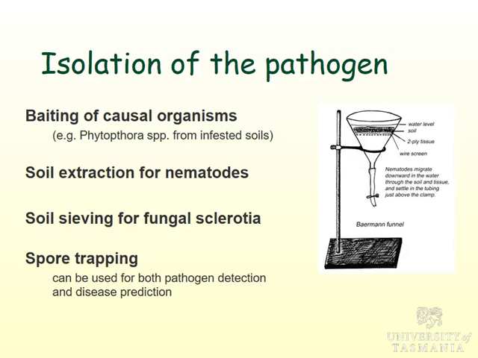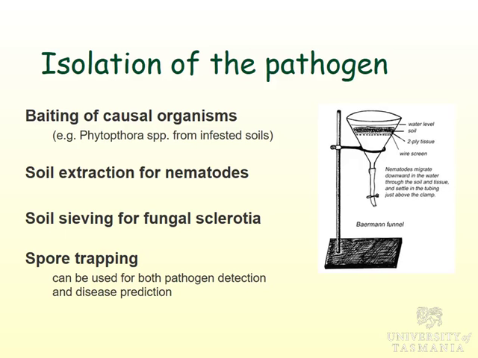If you've got a nematode in the soil, obviously you can't grow them on an agar plate, but you can extract them from the soil. This is what we call a Baermann funnel. Here you have your soil, you mix it up with water, you have a little filter, and you leave it there with a light on the top, and the nematodes wiggle their way down and eventually fall and accumulate at the bottom.